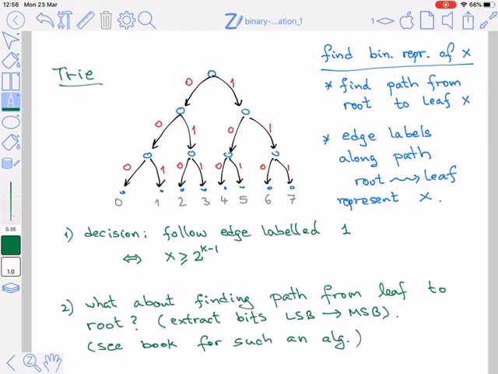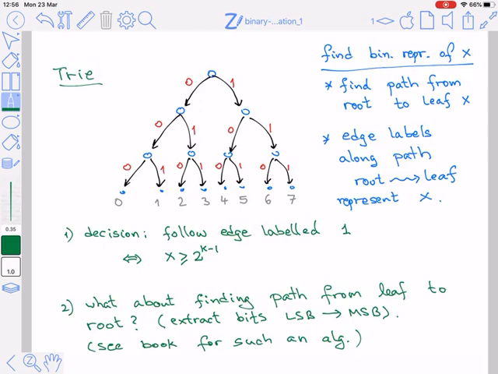Okay, and you notice that in this trie, the edges are labeled 0 and 1. Now the leaves, I denote them by 0, 1, 2, 3. I label the leaves, and I made sure that they label the leaves in a correct fashion.